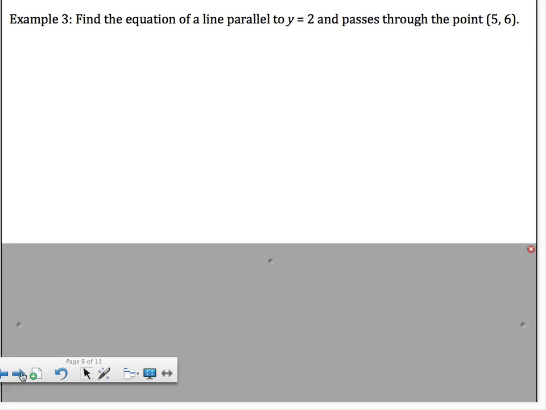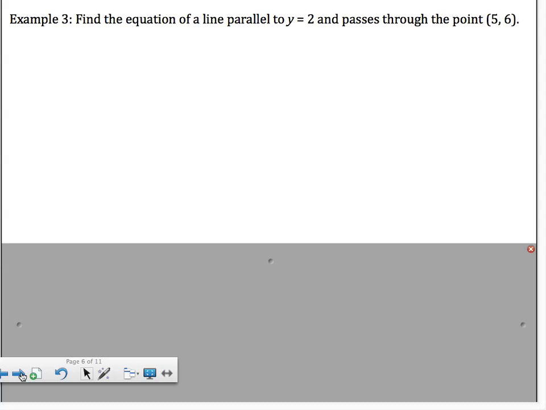Okay, we'll go through a couple of quick examples. Find the equation of the line that's parallel to y is equal to 2 and passes through point 5, 6. So you can always try to visually see this. What does the line y is equal to 2 look like? That's horizontal.